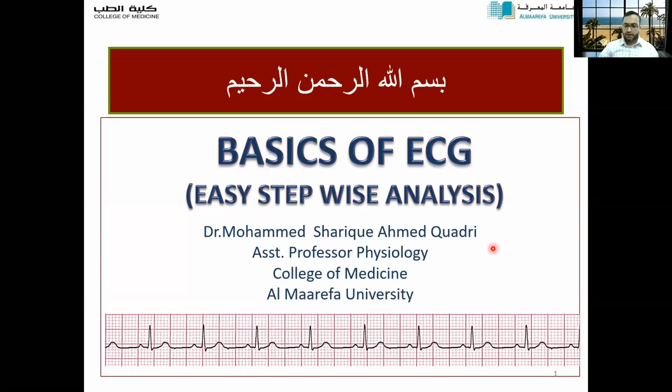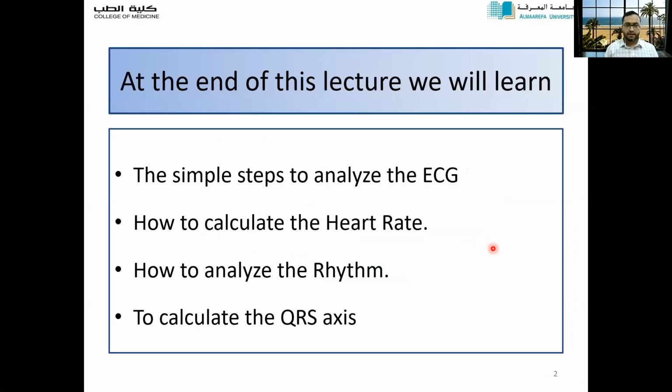So to begin with, our objectives in today's session are that we should learn some simple steps to analyze the ECG. At the end of the session, you will be able to calculate the heart rate and analyze the rhythm.